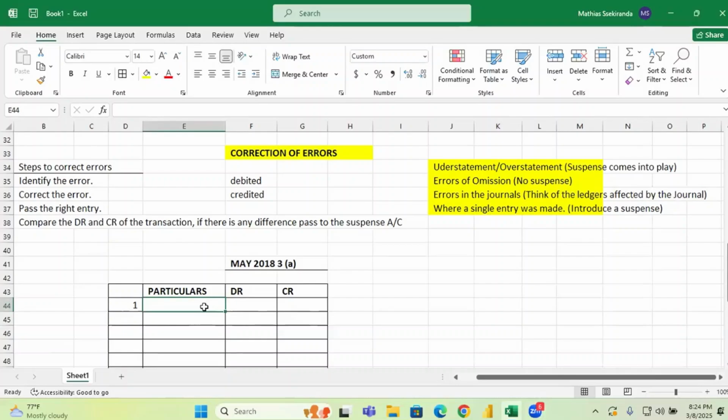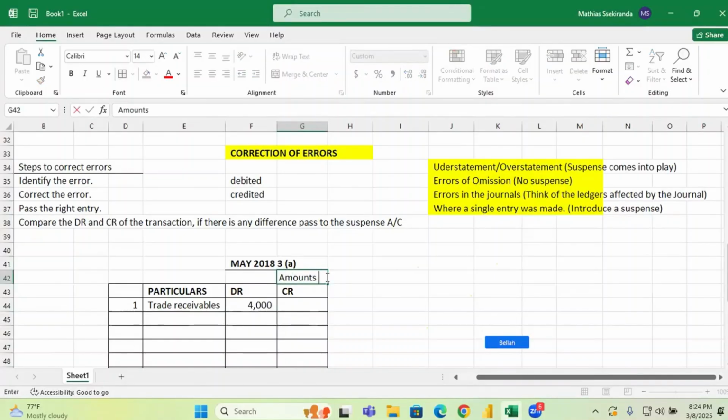Therefore, an understatement of the sales journal by 4 million, automatically sales are understated by 4 million, receivables are understated by 4 million. And understatement simply means the figures are low. Can you increase them? So how do we increase receivables? By debiting. So we shall debit trade receivables by 4 million. I'll chop off 3 zeros, okay? My amounts are in shillings or thousands.